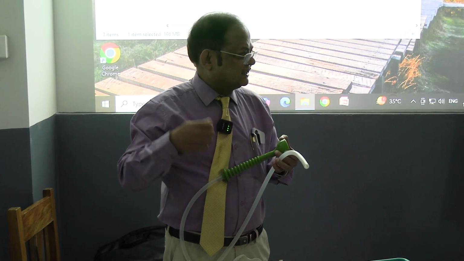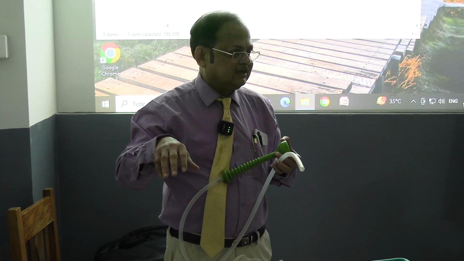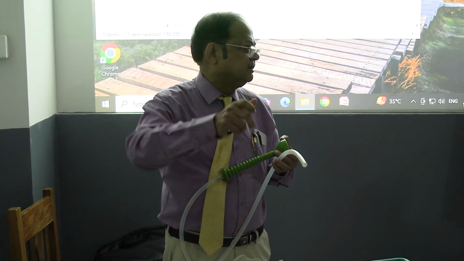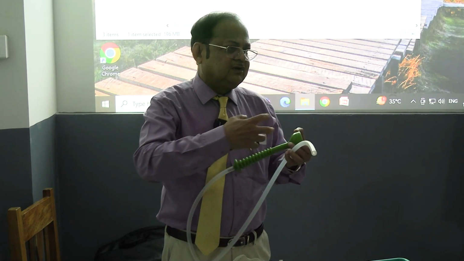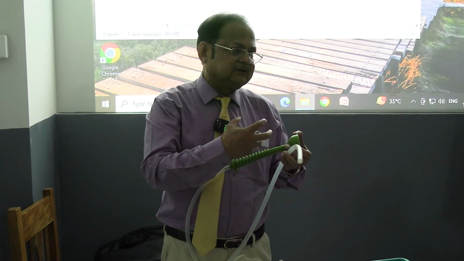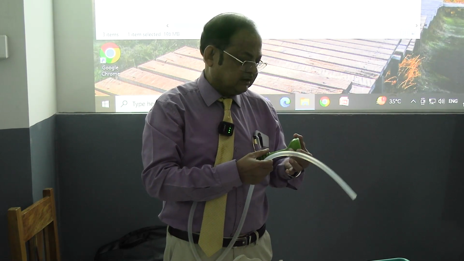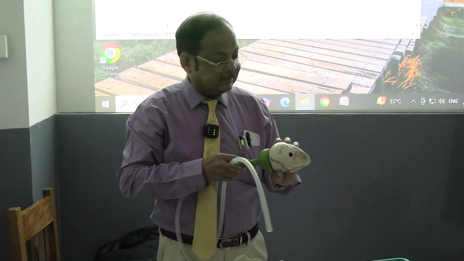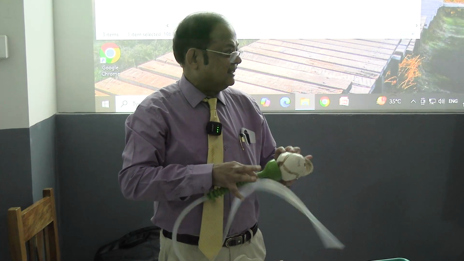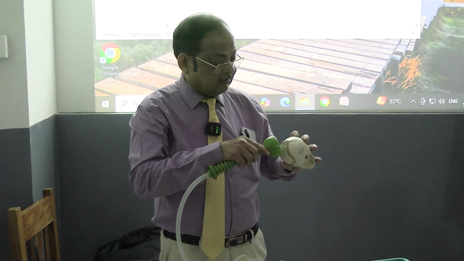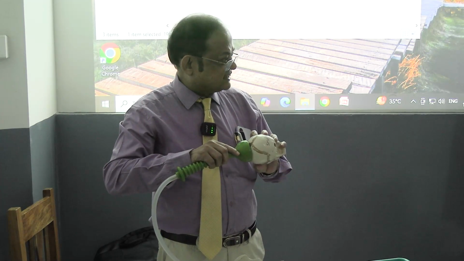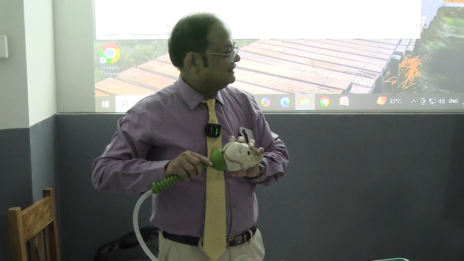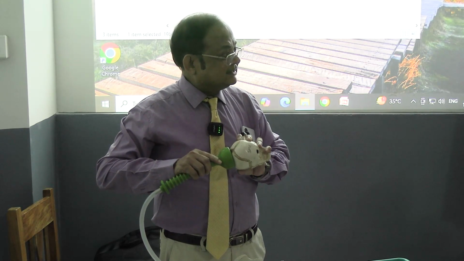Now there is an electric pump and a pedal pump, or with a knob you can create it, and the hand pump is also there. So you create the negative pressure inside the ventouse over the scalp, and if you give traction with negative pressure, the head will be delivered. So that is the mechanism.